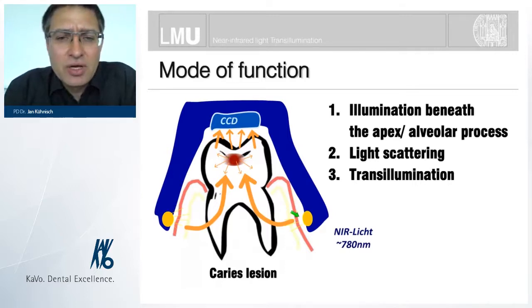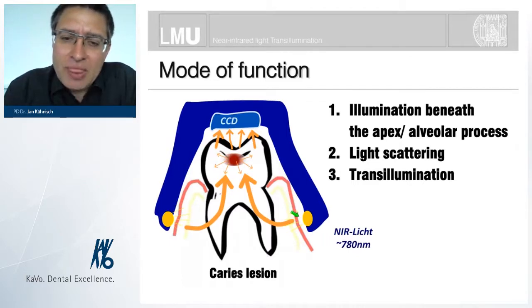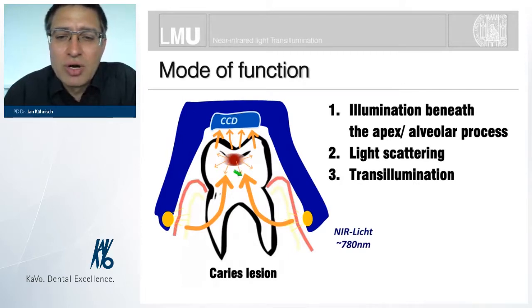For the camera a special tip was designed where the light windows are now in the gingiva area, and the light is going via the gingiva, via the bone into the root, and the light path, which is of interest, is going in the direction of the coronal part.